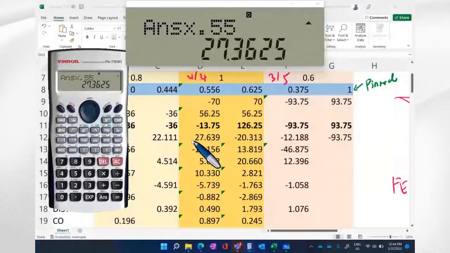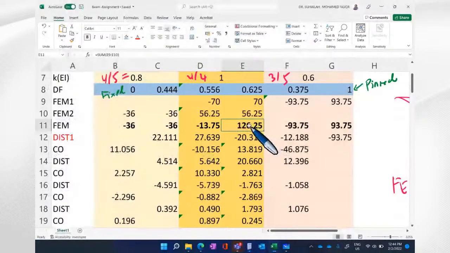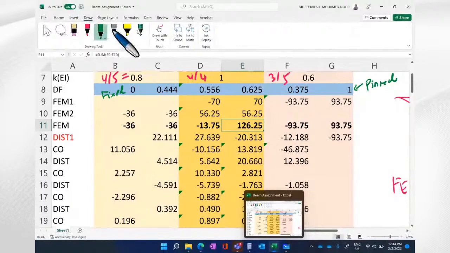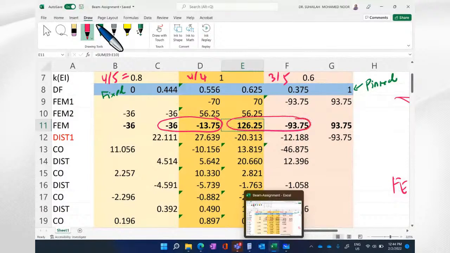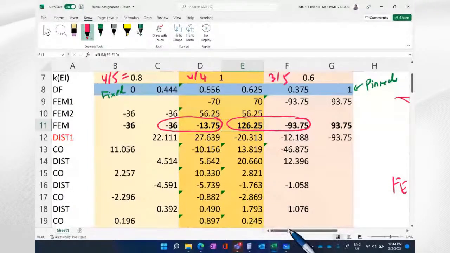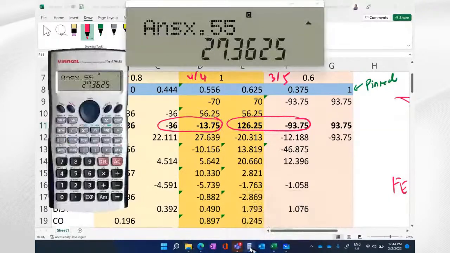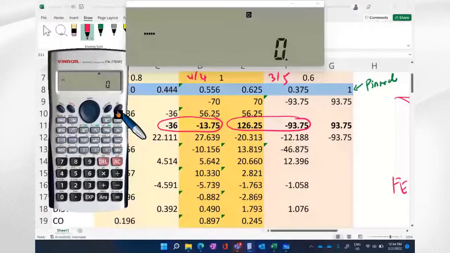Okay, so we check for joint C. The previous one is actually for joint B. Now we want to do it for joint C. For joint C, the joint moment is opposite with this.